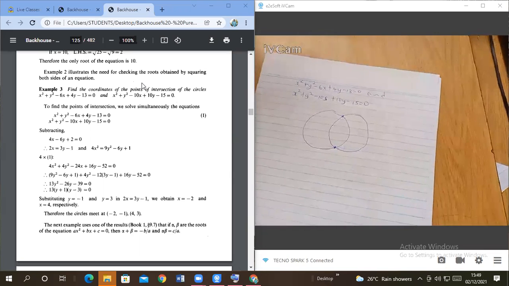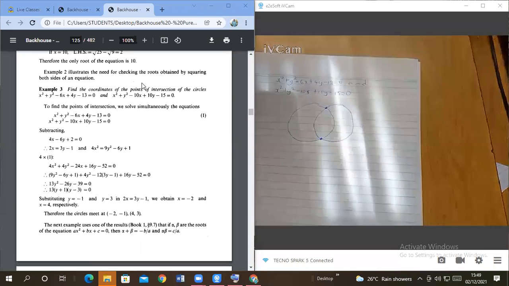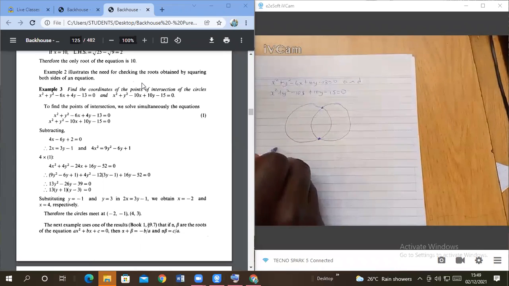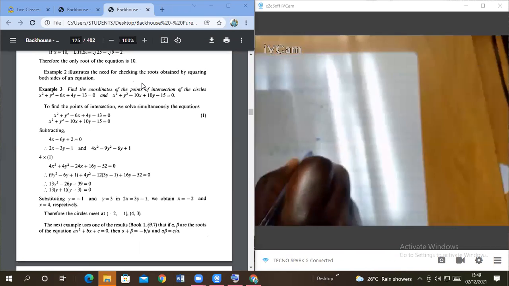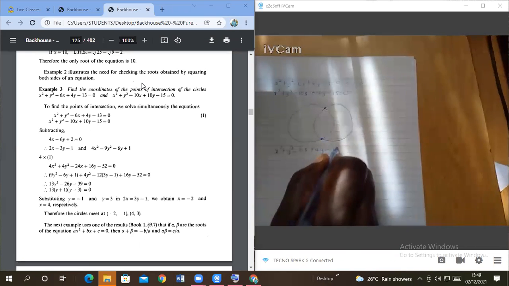Are we able to see what I've drawn there? So what we do to find the coordinates of the points of intersection of these two circles, we simply solve the two circles simultaneously.